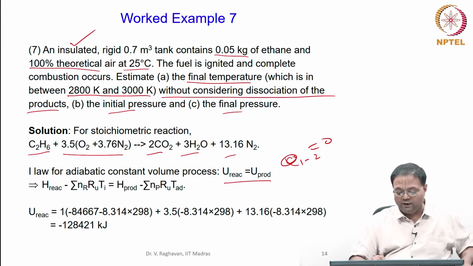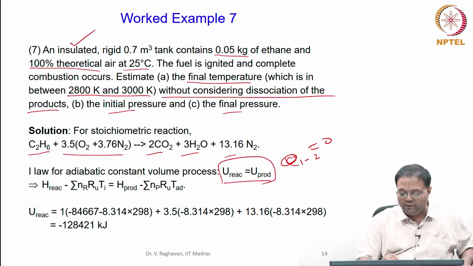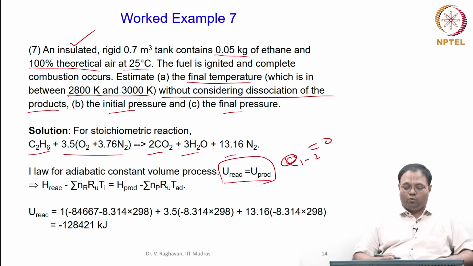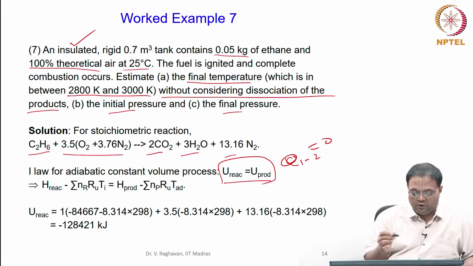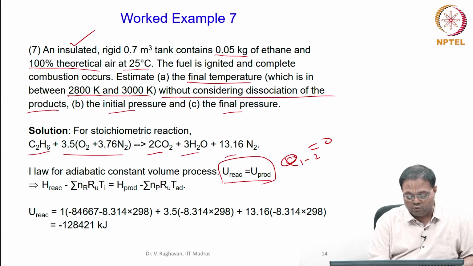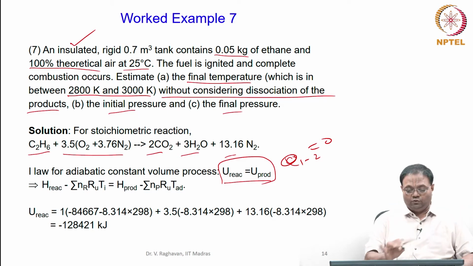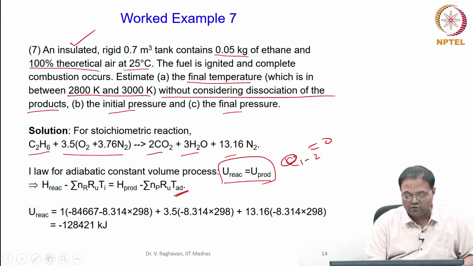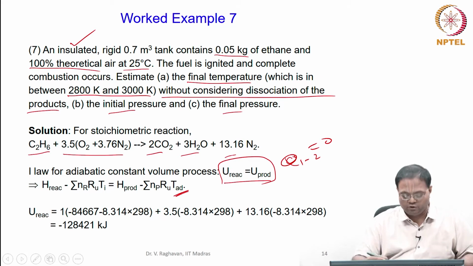So when you apply the first law, U reactant will be equal to U products. Now H reactant minus sigma NR RU Ti will be equal to H product minus NP RU TAD. This TAD is the adiabatic flame temperature, or the final temperature, which I am assuming as the adiabatic flame temperature.